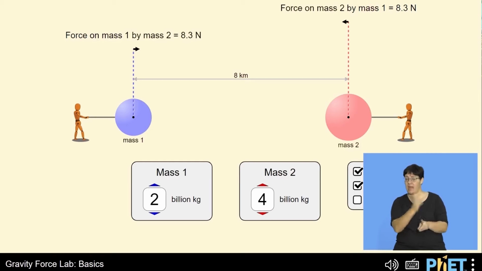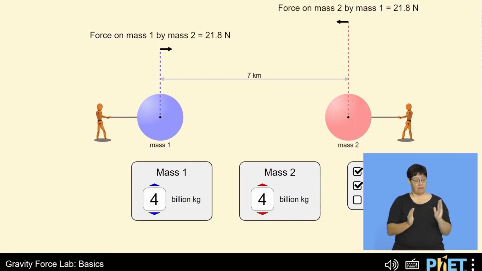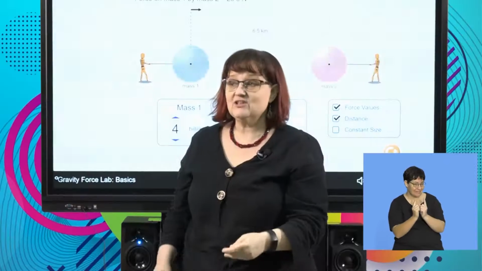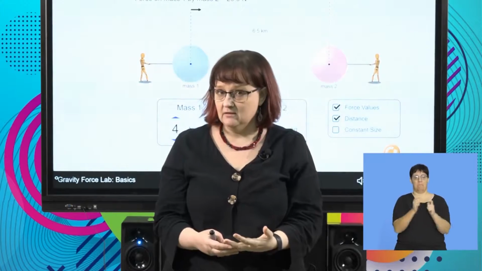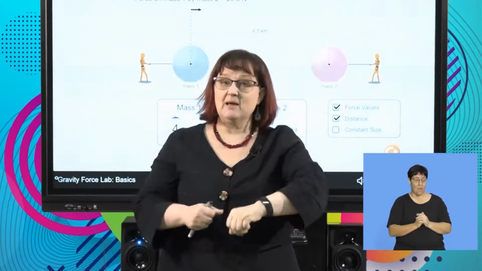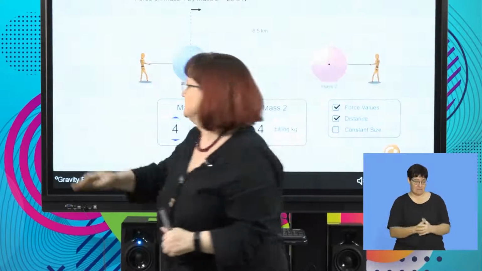If we look again, just quickly, let me double mass 1's mass. We double what that force was. As soon as I make the distance smaller, the force gets bigger much quicker. So distance actually has a bigger role to play than mass, because a small change in distance makes a big change in the force. That's very important.